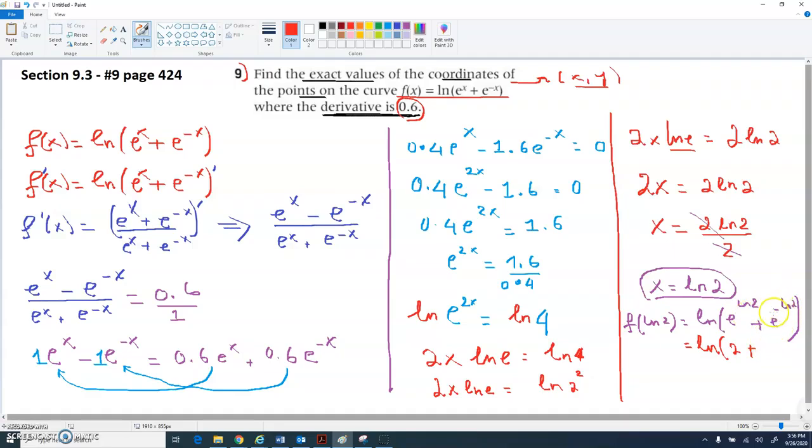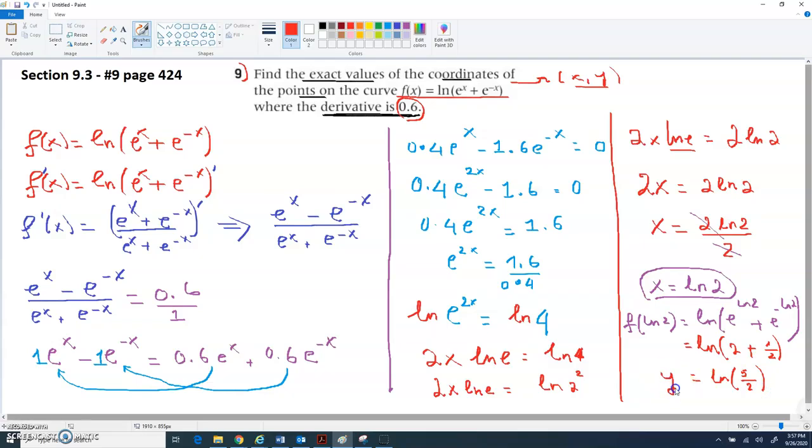But again, e to the natural log of 2 is equal to 2, so you take the reciprocal and that becomes 1 over 2. And 2 plus 1/2 is 2.5, and 2.5 is the same thing as 5 over 2. So that right there is the y value.